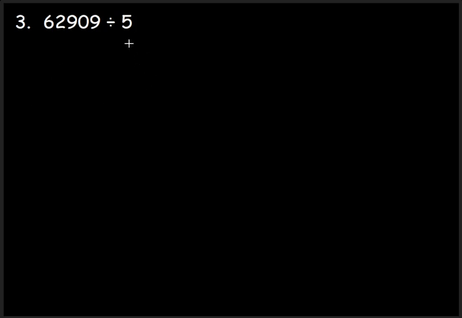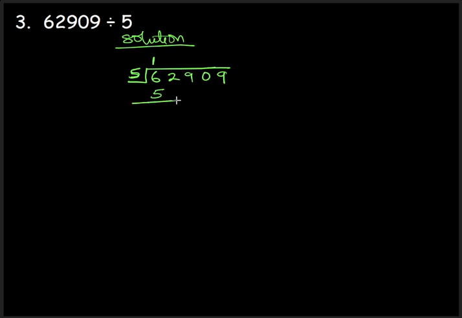Let's do number 3 under long division. Okay, let's see. This is 62909 divided by 5. 5 into 6, that will be 1. 5 times 1, 5. Subtract, what do we have? This is 1.